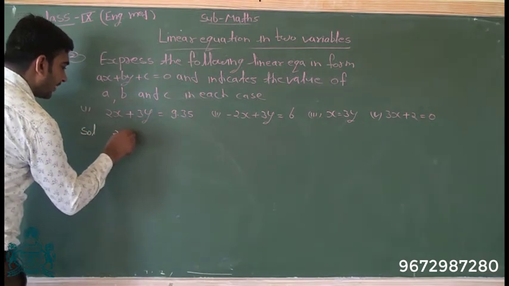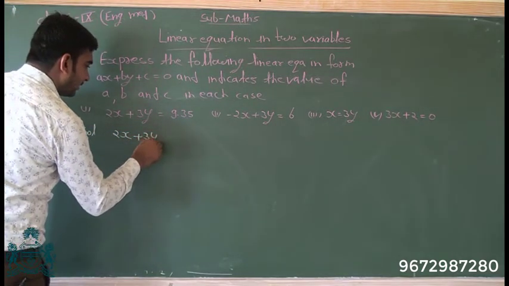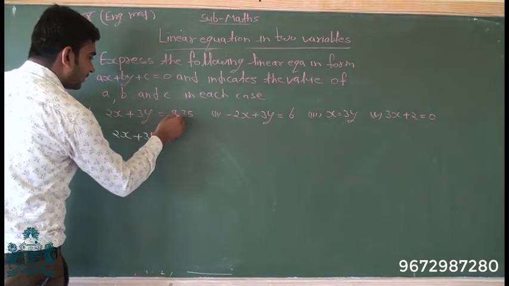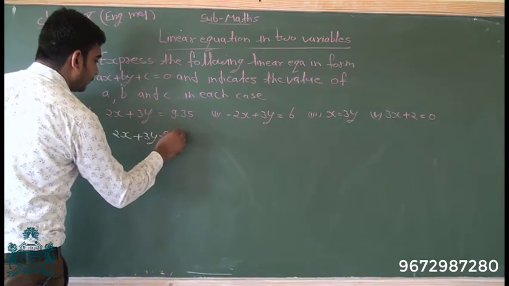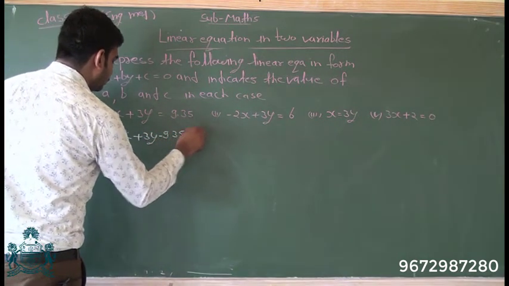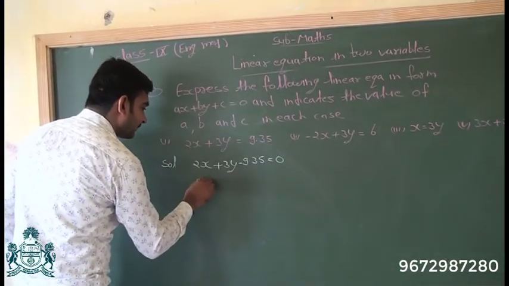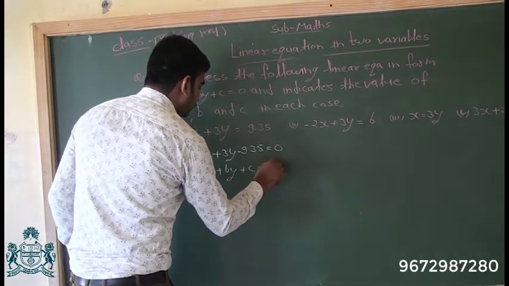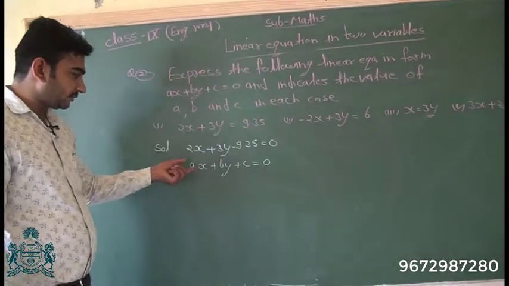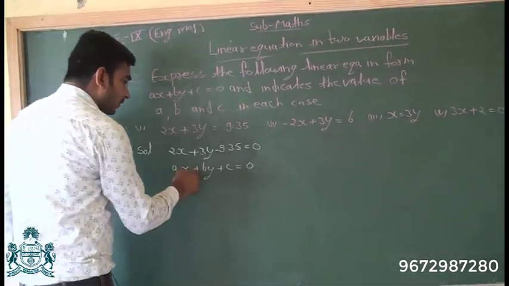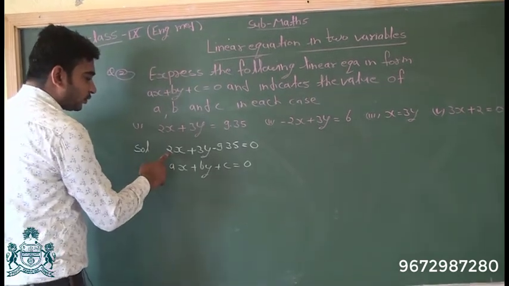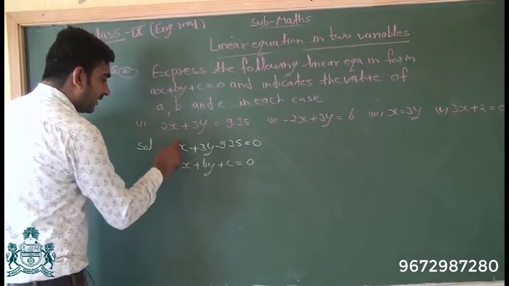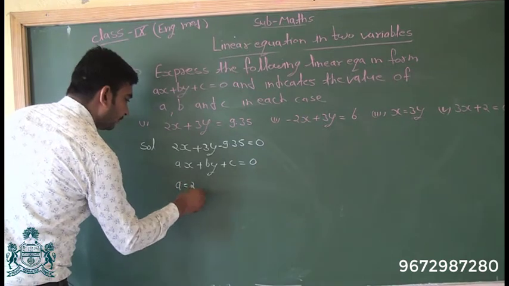Solution: 2x plus 3y equals 9.35. Transferring, we get 2x plus 3y minus 9.35 equal to 0, and the general form of a linear equation in two variables is ax plus by plus c equal to 0. Comparing, the coefficient of x is 2 and the coefficient of x is a, so a equal to 2.